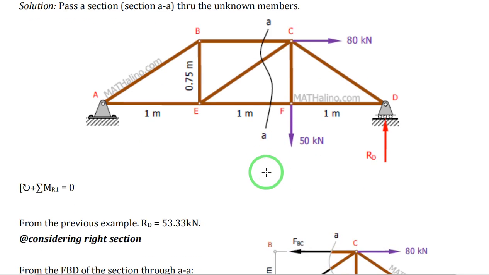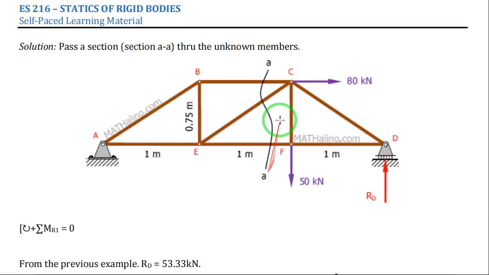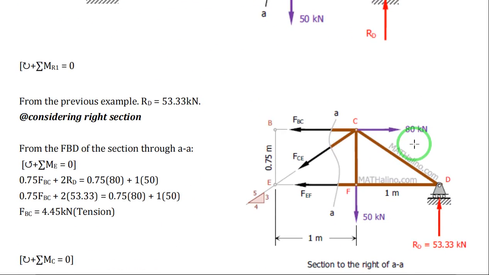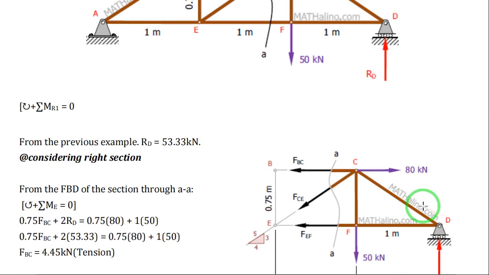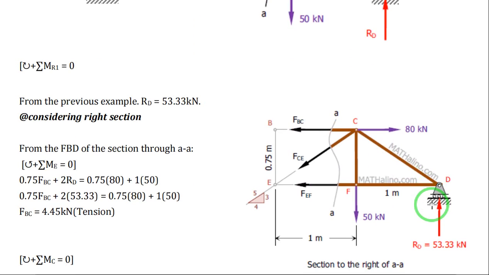Considering the right section, since we are using the reaction at the roller D, 53.33, we will consider the right section, and assume that all internal forces acting in each member are in tension.